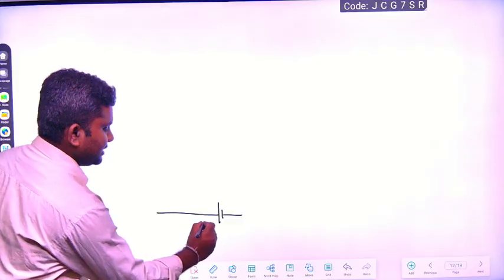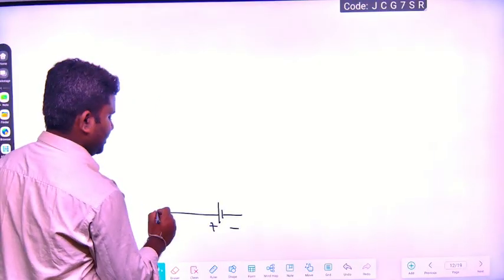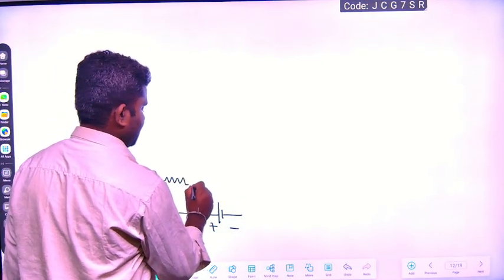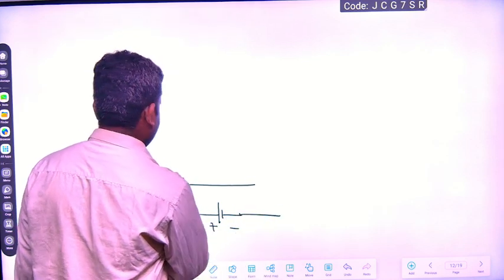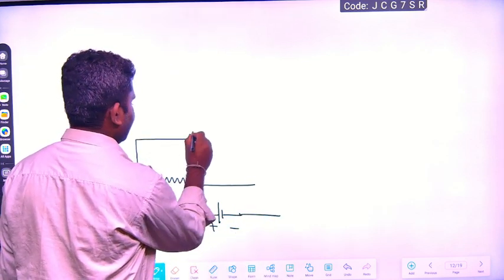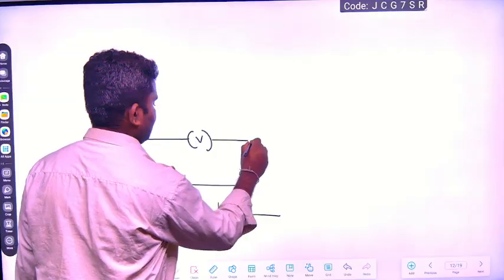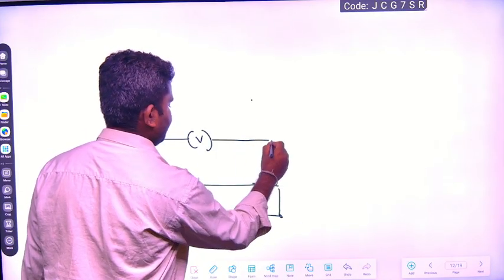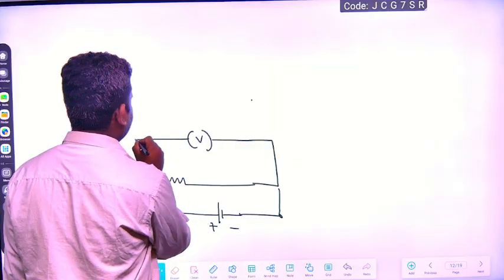This is a battery here. Okay. This is plus. This is minus. Then connect here with resistor. Then here it is one voltmeter. Then here two voltmeter.